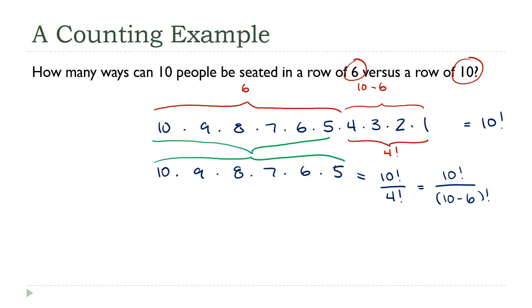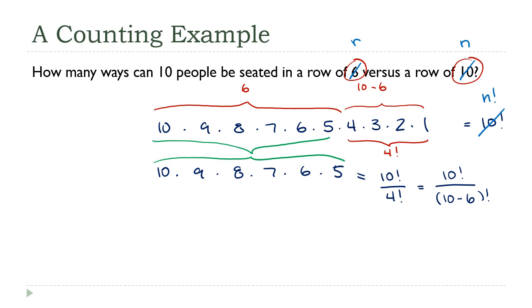All right, so now let's see if we can generalize this and drop variables in here instead. So let's say instead of doing 10 people, we have n people to choose from, and instead of seating 6 of them, we're going to seat r of them. Well, what does this look like then? This 10 factorial is going to be n factorial.